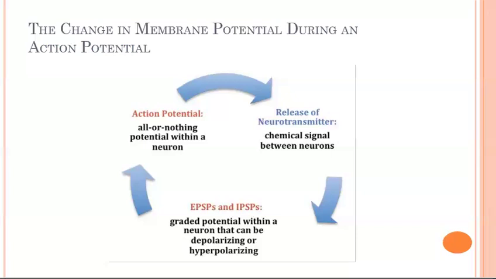Now that these channels are open, Na plus rushes inside the cell, causing the cell to become very positively charged relative to the outside of the cell. This is responsible for the rising or depolarizing phase of the action potential.